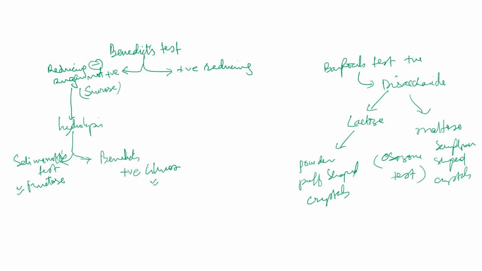So these are the characteristic osazons. By identifying these osazons, you can identify whether it contains lactose or maltose.